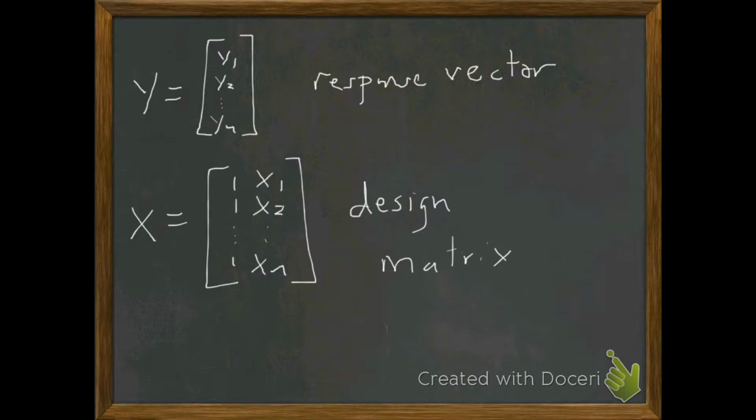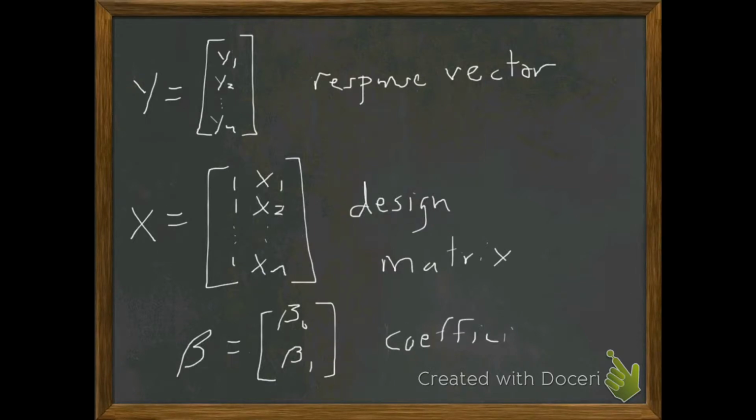All right. I'm going to create one more. Well, I'll tell you what, let's do this. Technically, we still got beta 0, beta 1. So this would be our coefficient vector. And of course, we're going to have our error term.